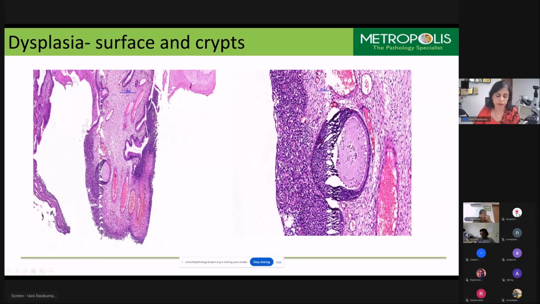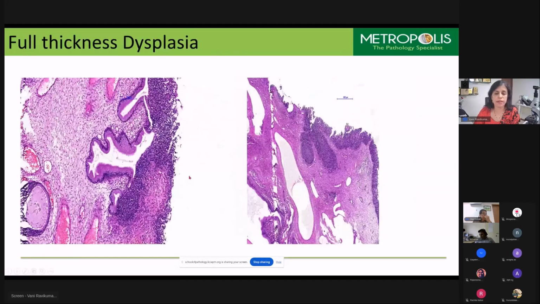So also this gland. That is how we have to interpret this. What about this lining here? You can see something going down. Can we call this invasion and say it's an invasive carcinoma or a micro-invasive carcinoma? No. This is nothing but the endocervical gland itself, where the epithelium is replaced by the dysplastic epithelium.